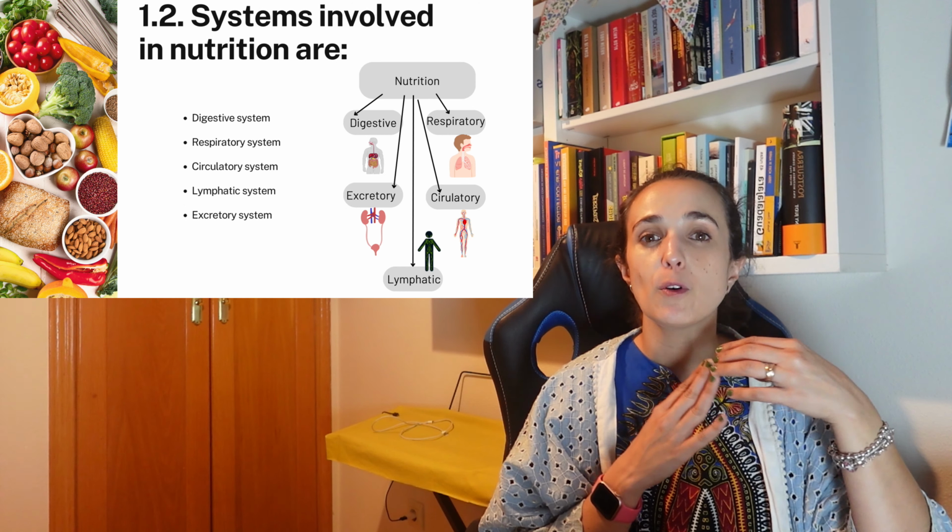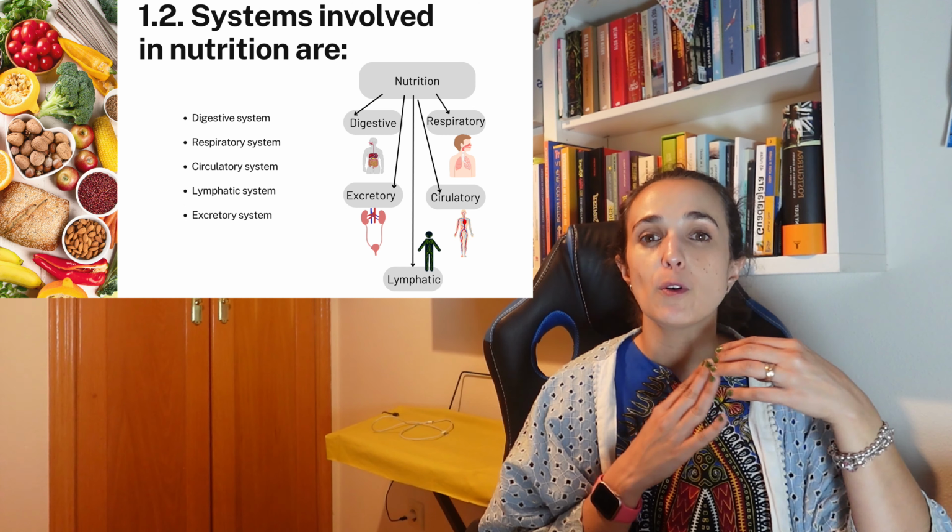Then we have both circulatory systems, the one with the blood, and the one with the lymphatic system. And finally we have the excretory system. Remember that excretory system is related with kidneys and the bladder, so it's for urine. We have more types of excretion in the body, but they don't belong specifically to the excretory system, okay? So that's it for the 5 main systems involved in these 4 main processes.